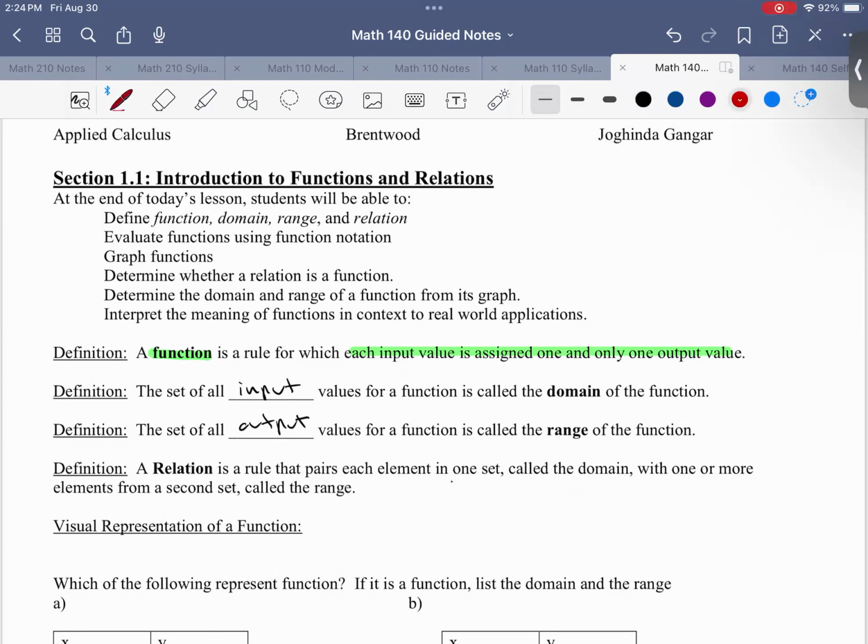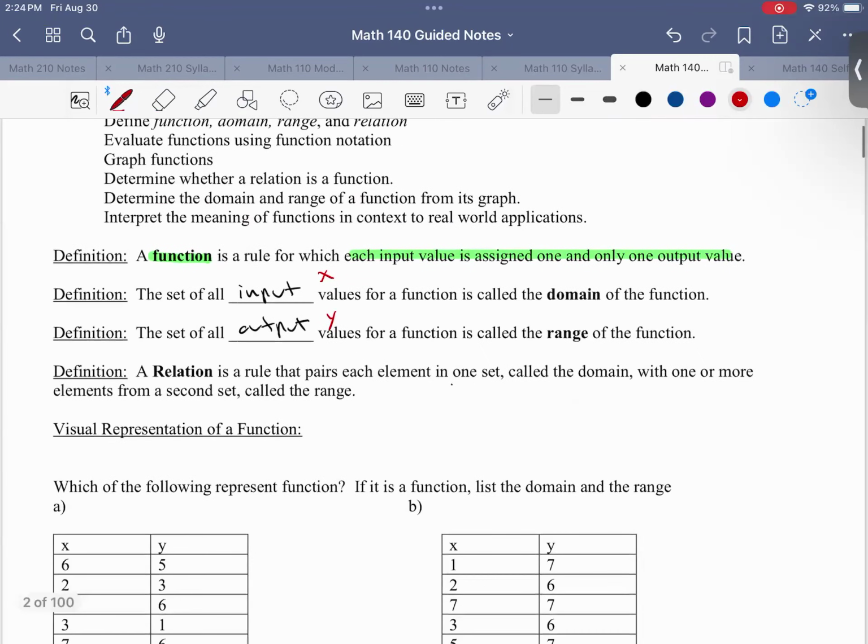And so the values that go with input, if you're familiar with X and Y coordinates, X values go along with inputs and Y values go along with your outputs. X is your domain, Y is your range. So let's define relation now.